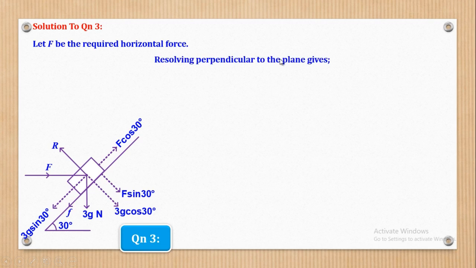So resolving perpendicular to the plane will give R equal to F sine 30 degrees plus 3g cos 30 degrees, equal to 0.5 F plus 1.5g root 3. I realize that sine 30 is equal to 0.5, that's why you see 0.5 here.